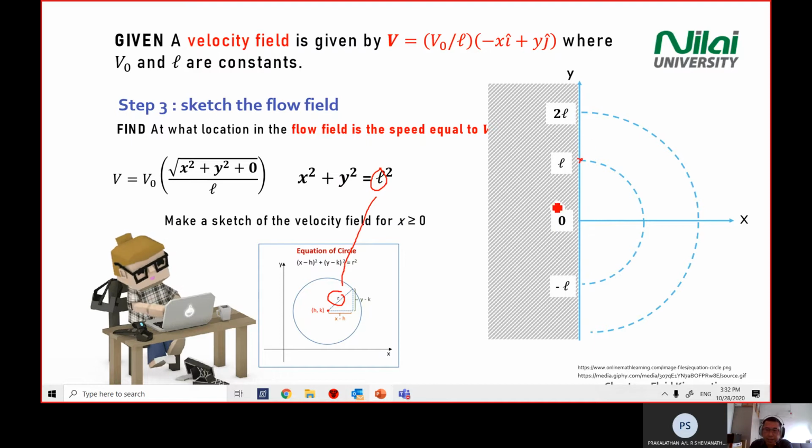And you know that this is a Cartesian plane. You have positive and negative values. After the origin, you get negative, right? Then you have 2L and so on.